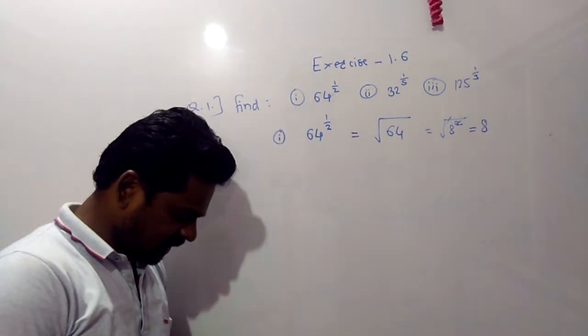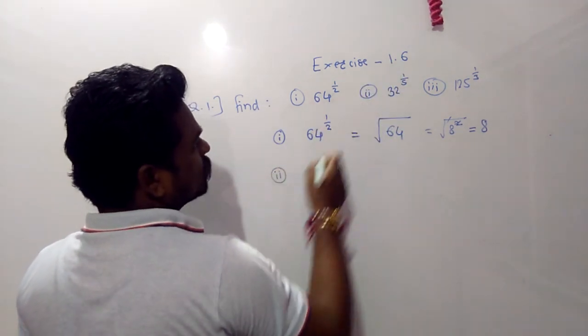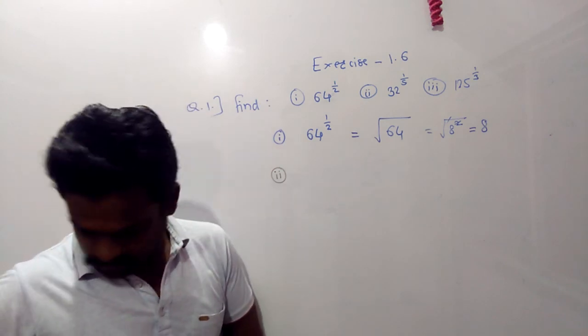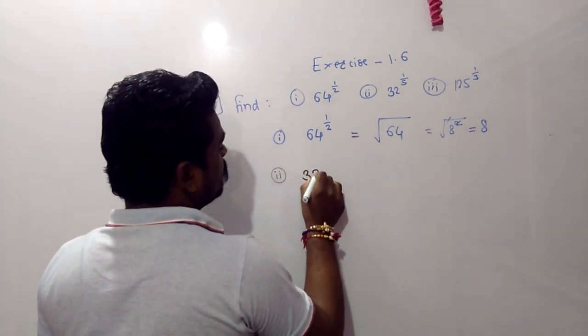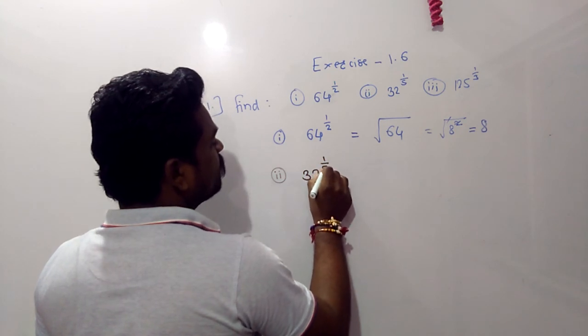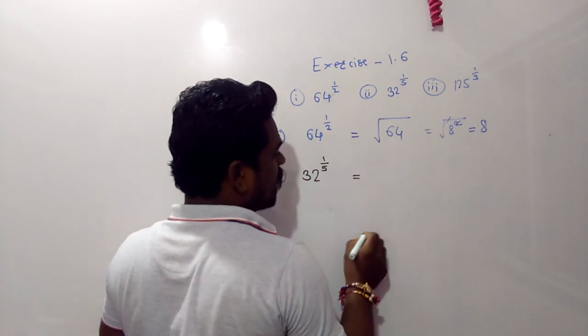Then comes question number 2. What is question number 2? 32 raised to 1 by 5. How can we write it?